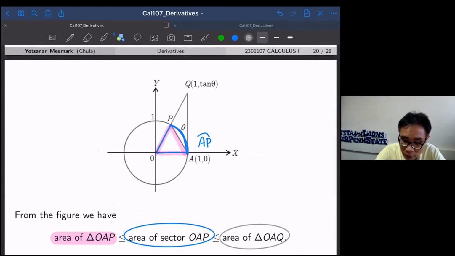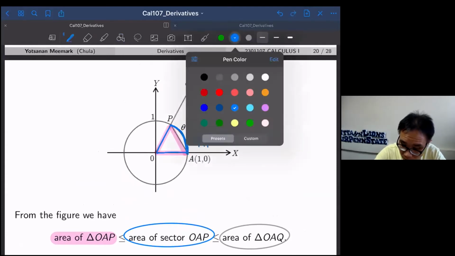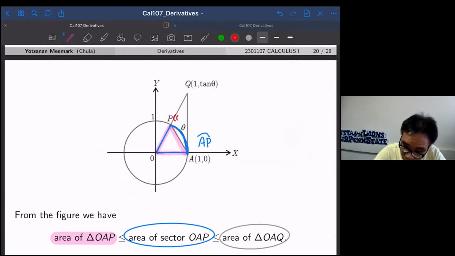Go back to your high school: this is the arc that has length equal to theta. So the coordinates for P turn out to be cos theta, sine theta. So it means that the height here equals sine theta.